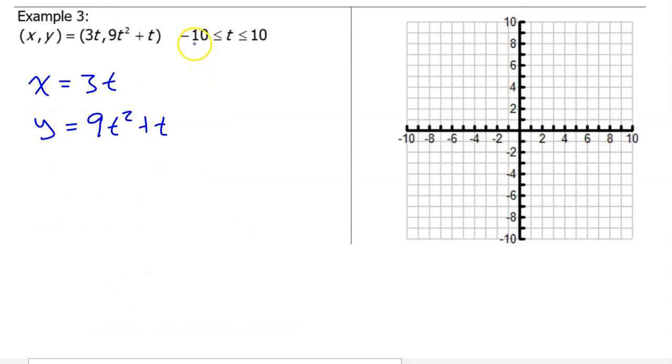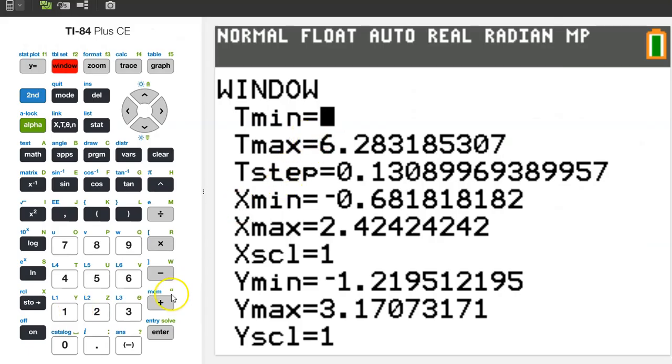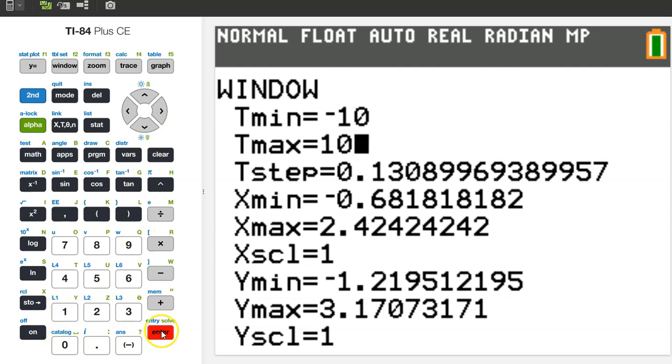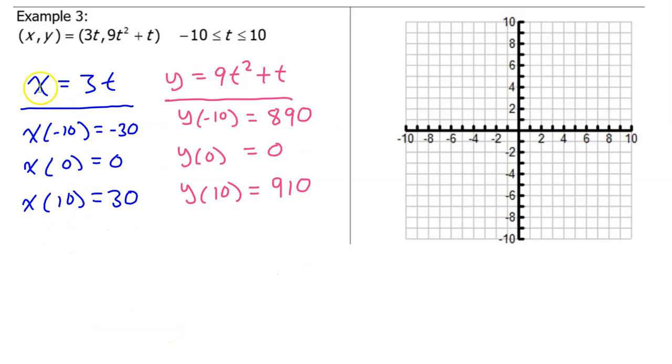Next, let's adjust our window so that t goes from negative 10 to positive 10. So t min will be negative 10 and t max will be positive 10. Remember, x equals 3t. So x at negative 10 is negative 30, x at 0 is 0, and x at 10 is 30.